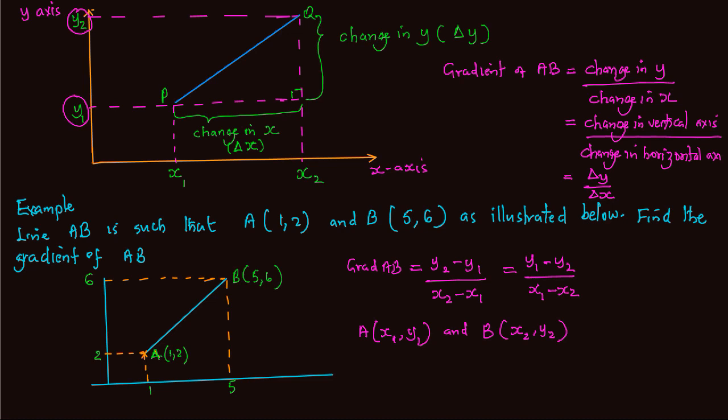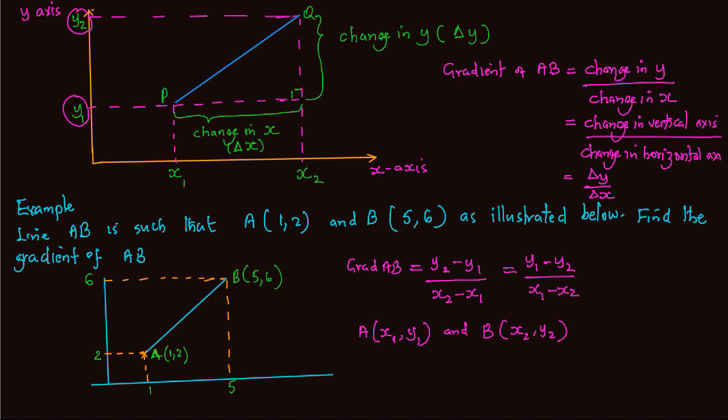So given a specific example that line AB is such that A is (1, 2) and B is (5, 6), as illustrated below, find the gradient of AB.